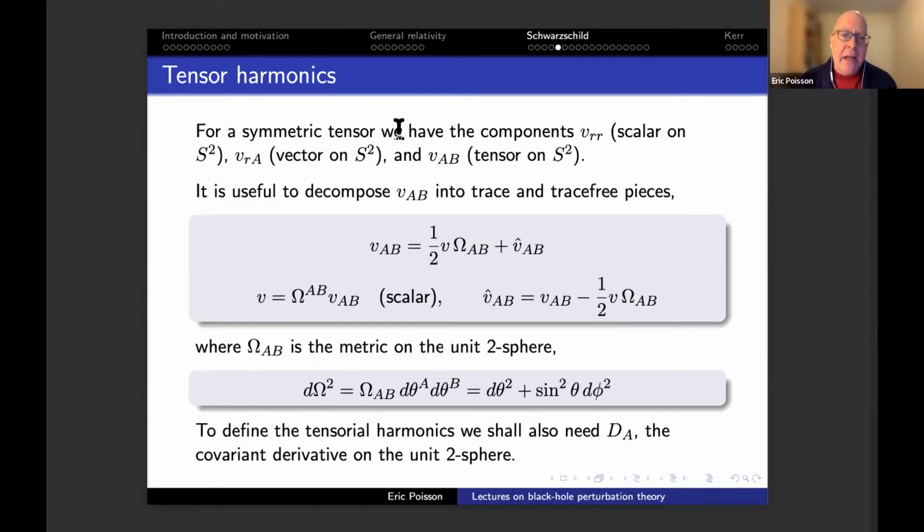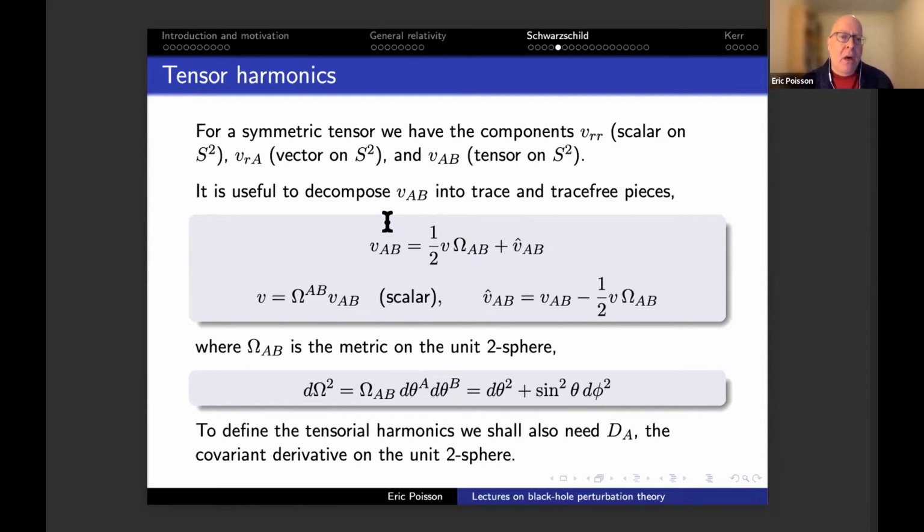So the idea here is that because I've distinguished the radial direction from the angular directions, anything that comes with two radial indices here can be considered to be a scalar. Anything that comes with a single angular index, A, can be considered to be a vector on the sphere. And anything that comes with two angular indices, well, can be considered to be a symmetric tensor on the sphere. So that, again, is going to be my point of view where I really distinguish the sphere from all the other directions.